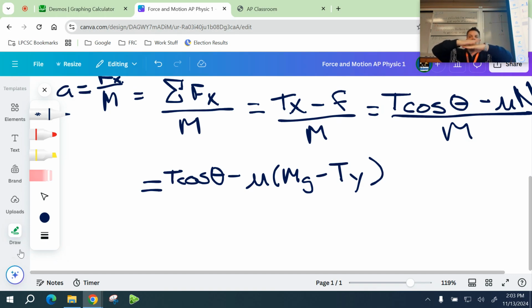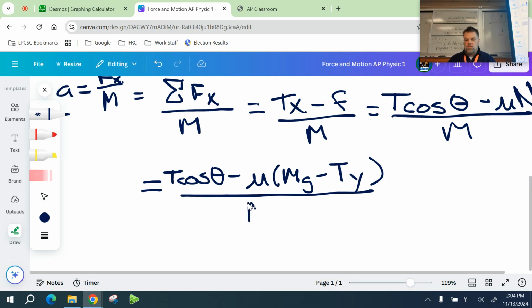That would normally be mg. But I have this rope that's pulling up just a little bit. And so gravity's pulling down, but the rope's pulling up just a little bit. I have to subtract that. I have to oppose that because of what we're doing with friction. Does that make sense?